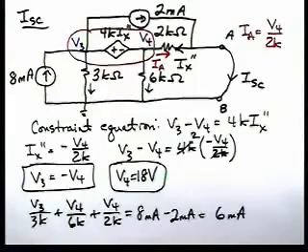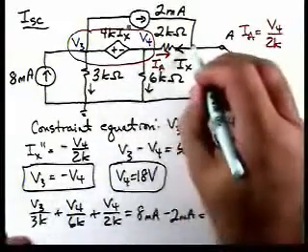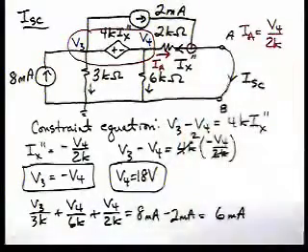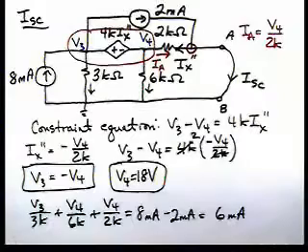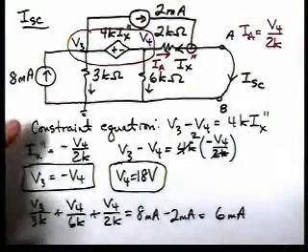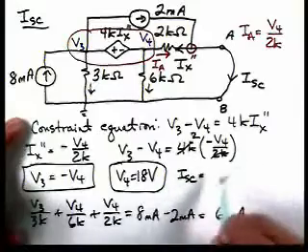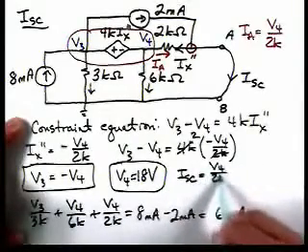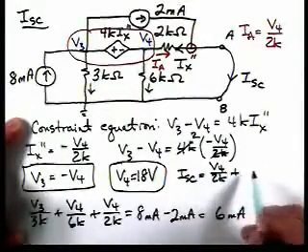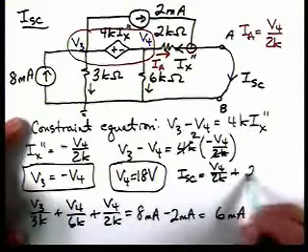Now, how are we going to calculate I short circuit? Well, we'll apply Kirchhoff's current law at that node. So, I short circuit then is V4 over 2K plus 2 milliamps.